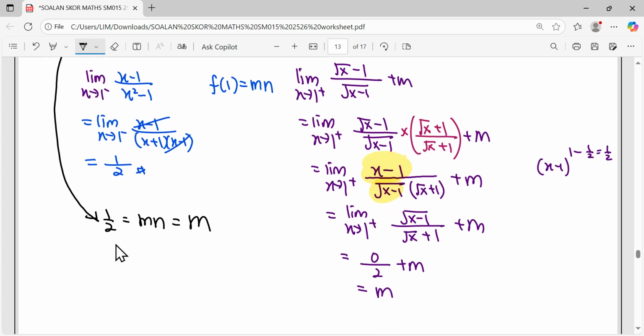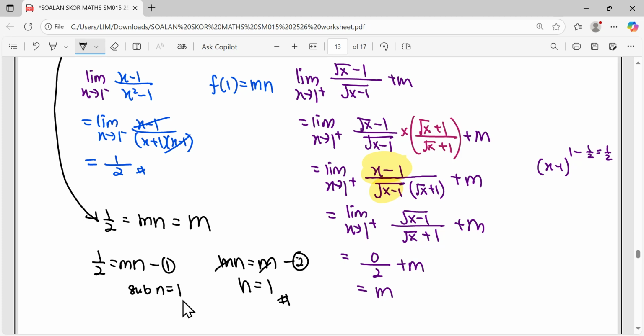So here is the equation, split it out. 1 over 2 equals mn, equation 1. And mn equals m, equation 2. So here m can be simplified, and directly you can get n equals 1. Then we substitute here, n equals 1. Therefore, m will be equal to 1 over 2. So that's how we get m and n.